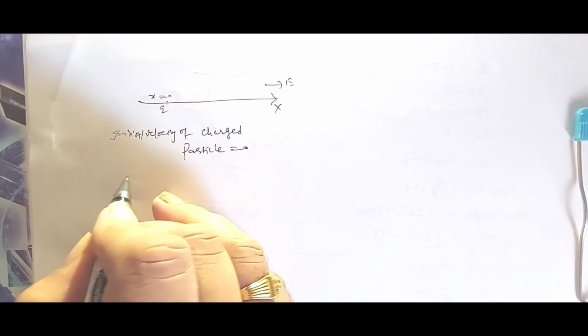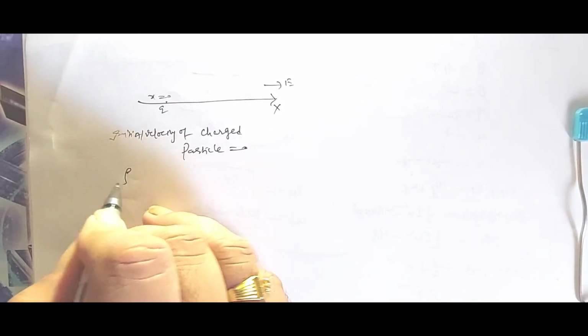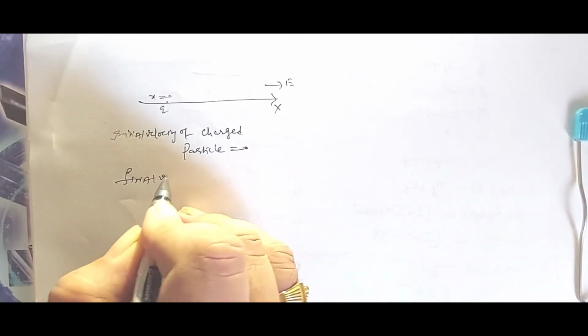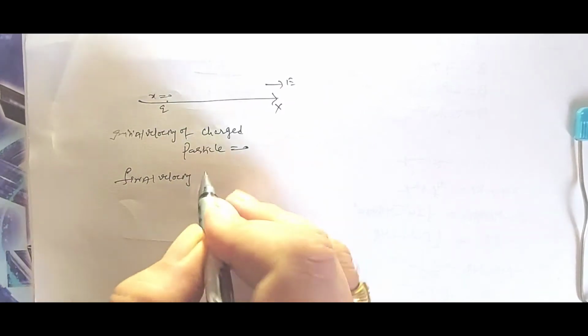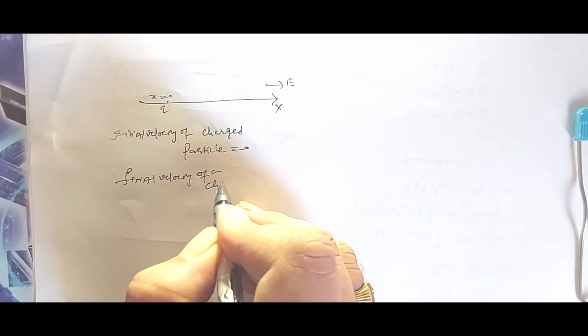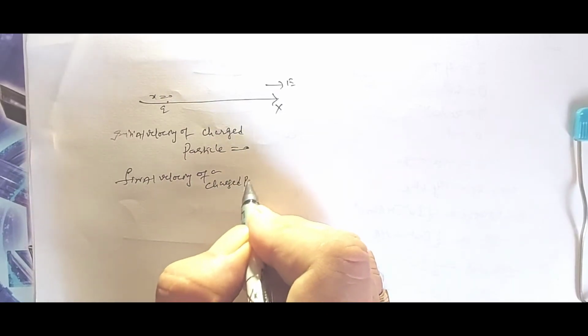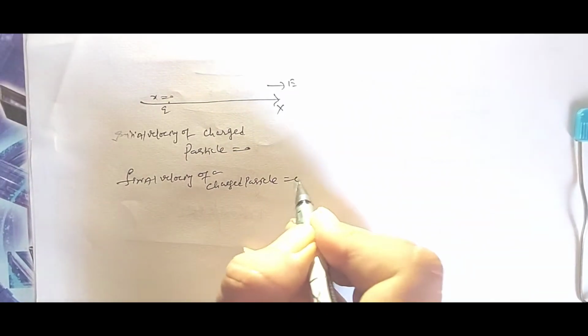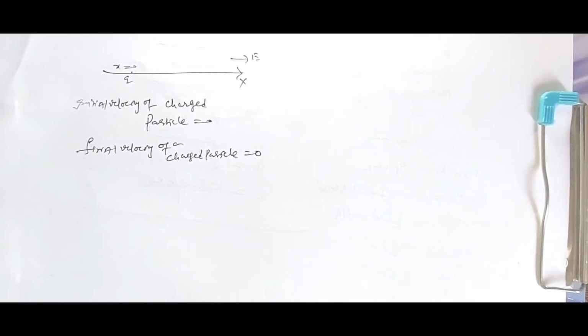Now, according to the given problem, the final velocity of the charged particle is 0. Why? Because we want to find out at what distance the kinetic energy becomes 0.